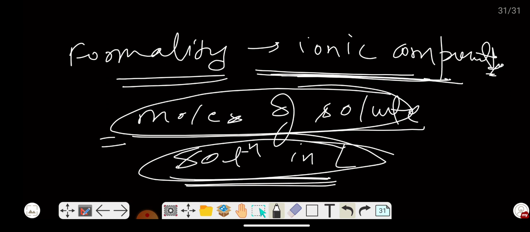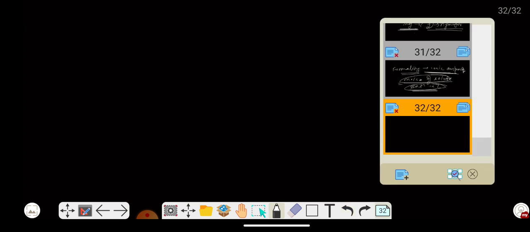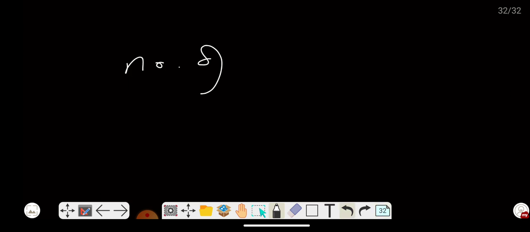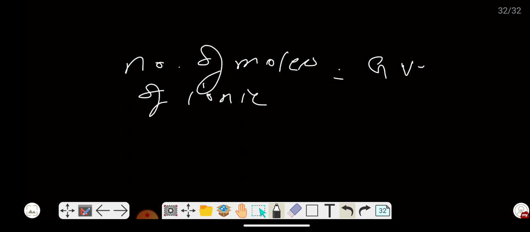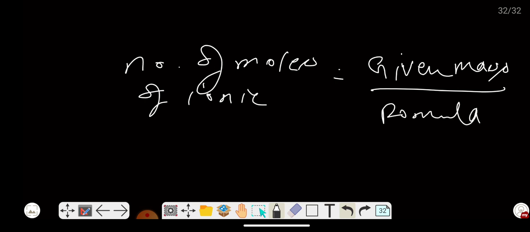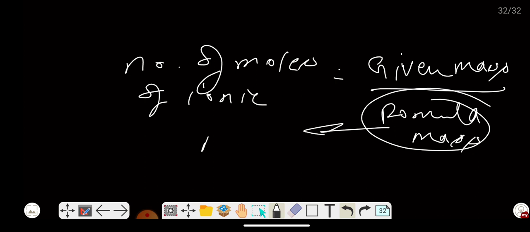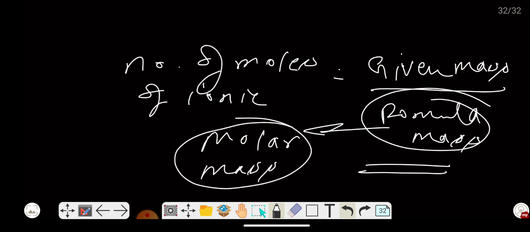And the number of moles of solute: the number of moles of an ionic compound is equal to the given mass upon the formula mass. The molar mass of an ionic compound is called the formula mass.